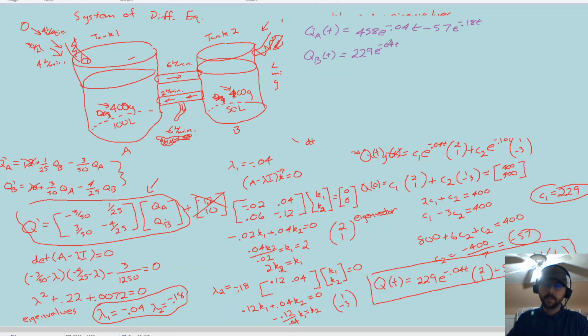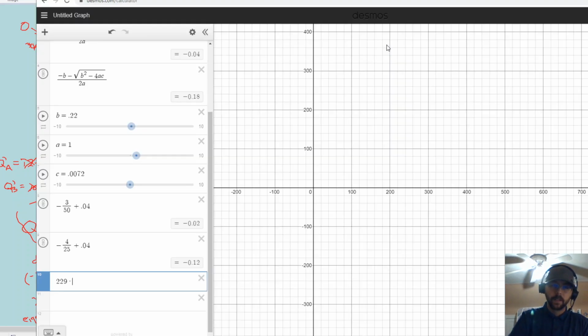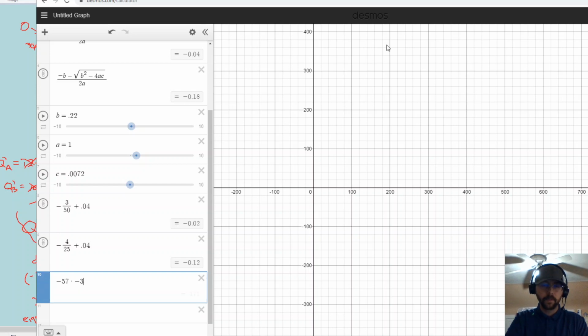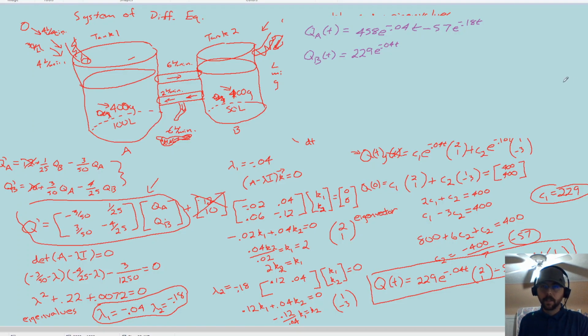Negative 57 times negative 3, which is, no, 171. So plus 171 e to the negative 0.18t.